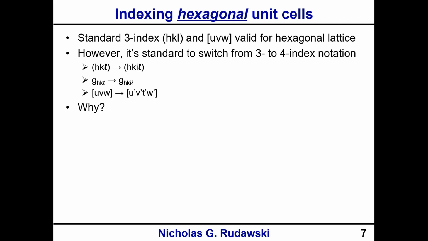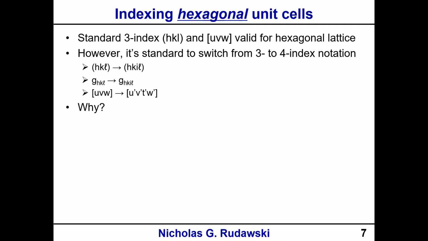So when we switch from 3-index to 4-index notation, this is what we get. For the planes, we add in a fourth index called I, which slips in between the K and the L. As far as G vectors, we now use the same thing, because G is normal to the planes, so we slip that I index between the K and the L for the G vectors.